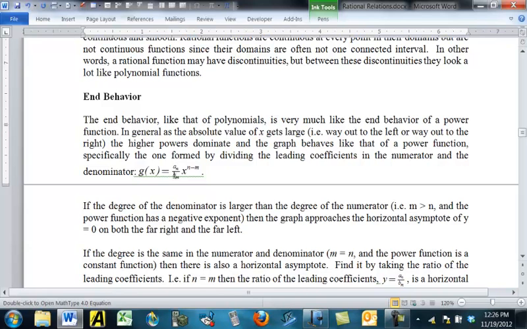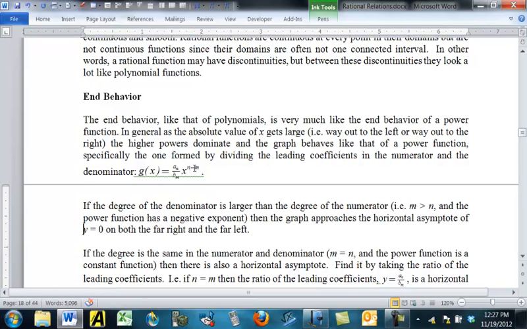And of course we know that's going to be an integer power, and if that integer power is negative, all those power functions with a negative power, multiplied by some constant in the front, are going to have the x-axis as a horizontal asymptote. So that horizontal asymptote will happen anytime you have a negative power here, which means the power is bigger in the denominator.